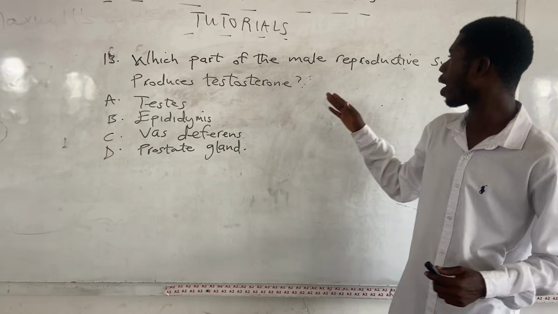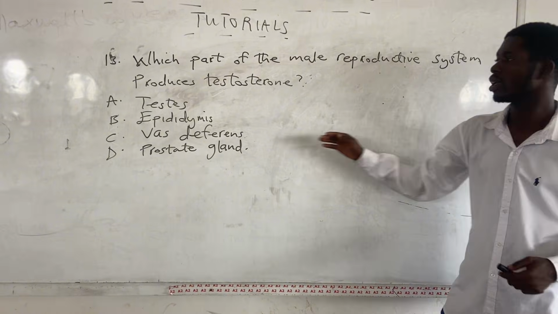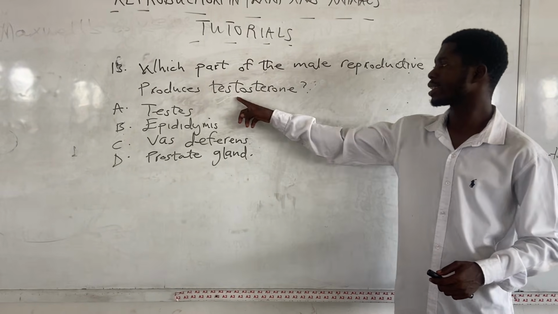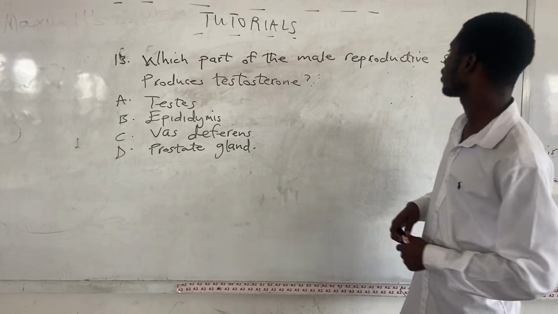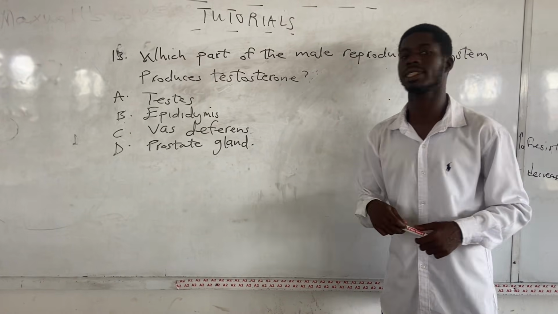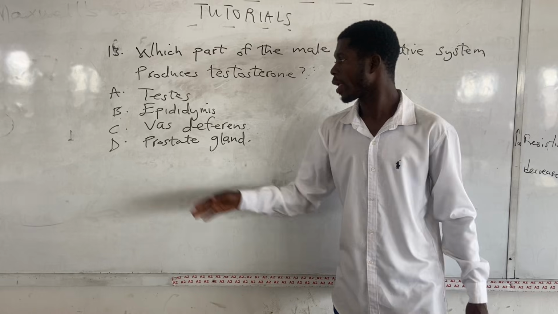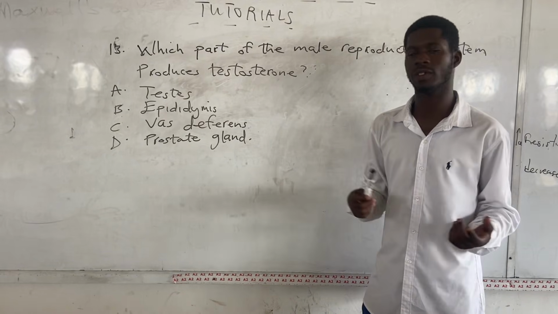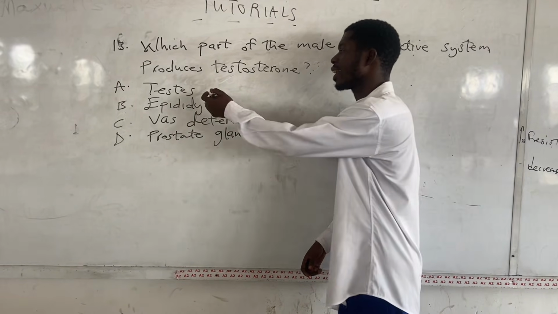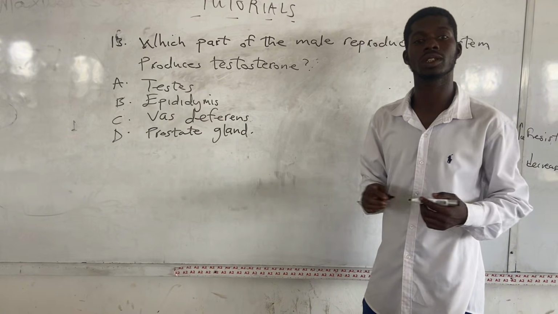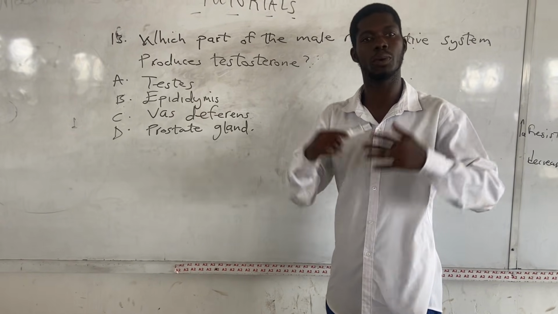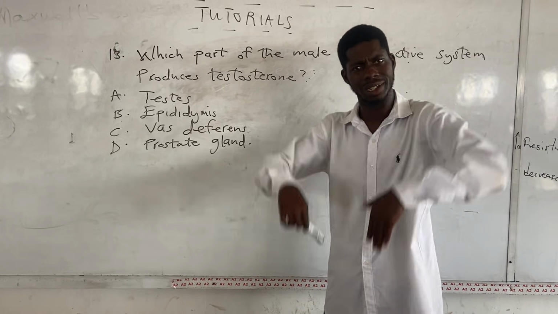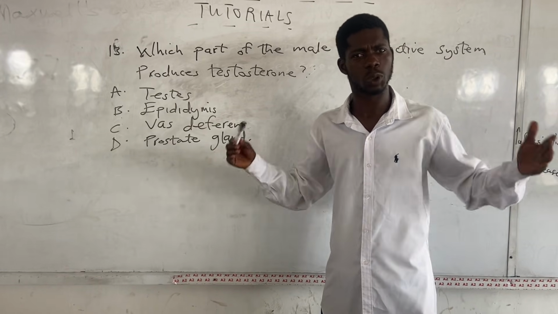Question 13 says, which part of the male reproductive system produces testosterone? A, you have testes. What's the function of the testes? The testes produce hormones in males, known as testosterone.